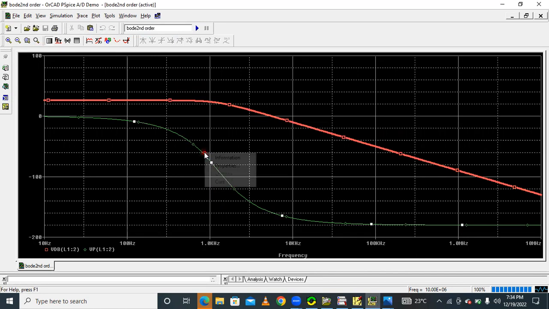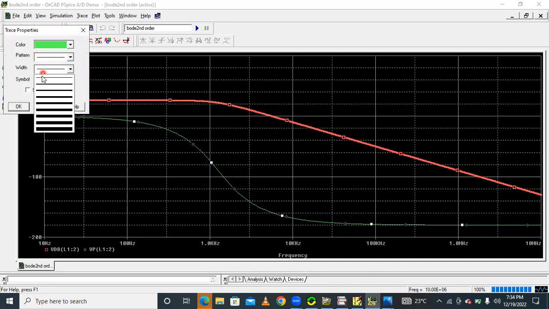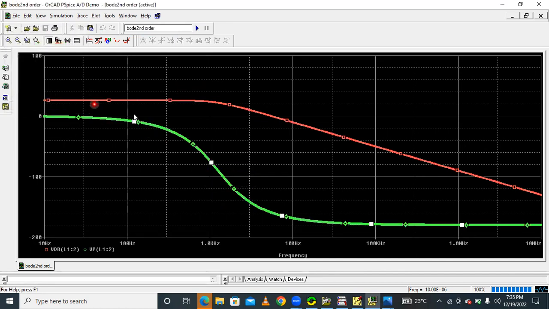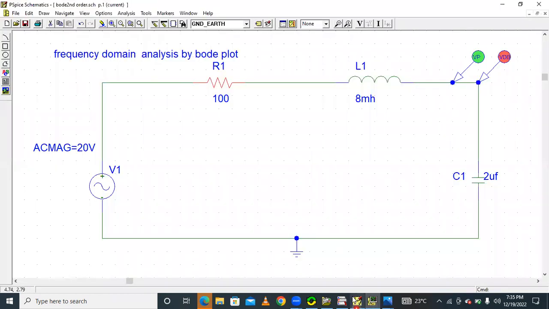This is the phase plot, which changes according to our system values, the RLC values. By changing the values of RLC, from critically damped to overdamped system, the phase plot also changes in this way. Okay, this is about the frequency domain analysis of the series RL circuit for underdamped, overdamped, and critically damped systems.